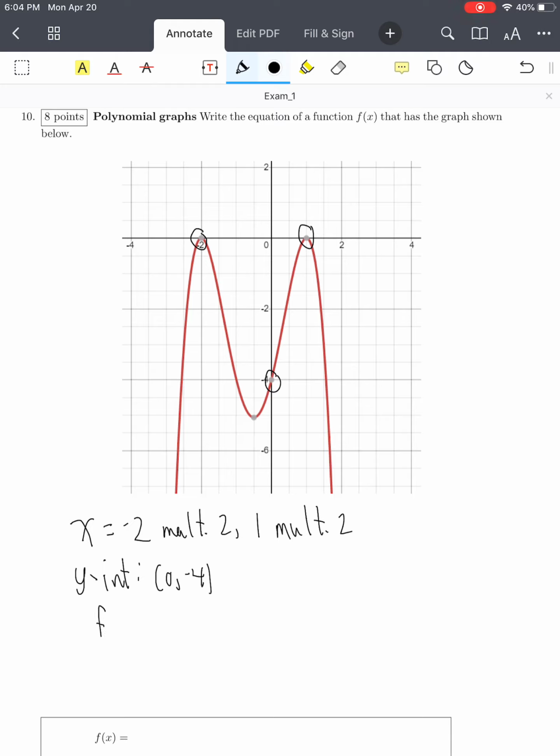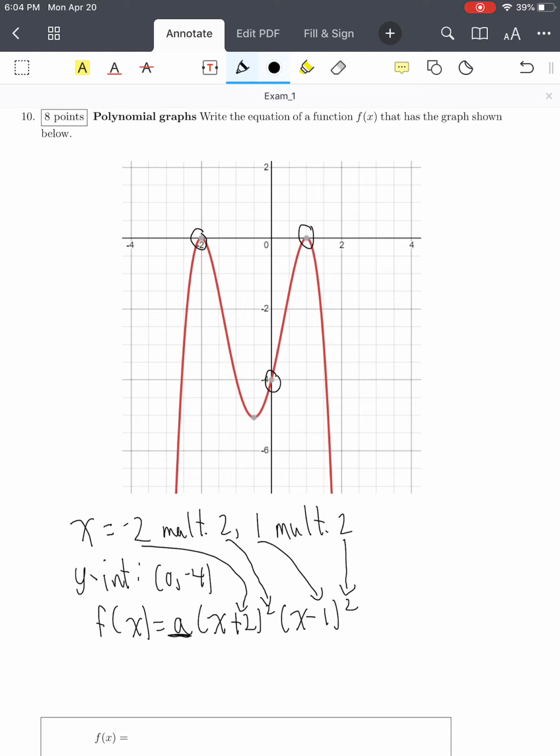So our guess is going to be f of x equals a times x plus 2 squared times x minus 1 squared. So the x plus 2 comes here, the multiplicity is 2. The 1 goes here, and the multiplicity is also 2. And the a is because we don't know what the vertical scaling is.